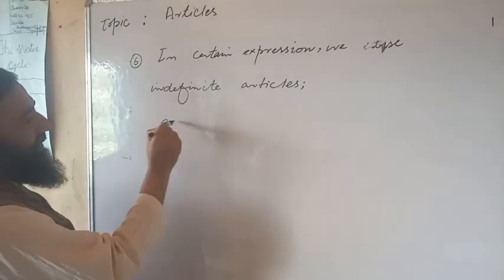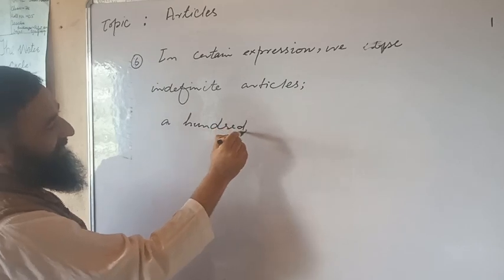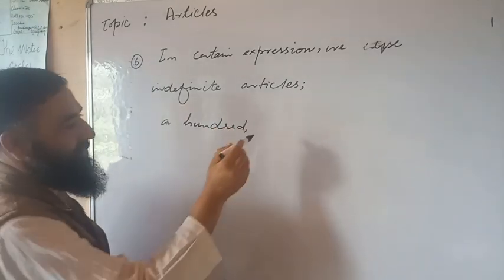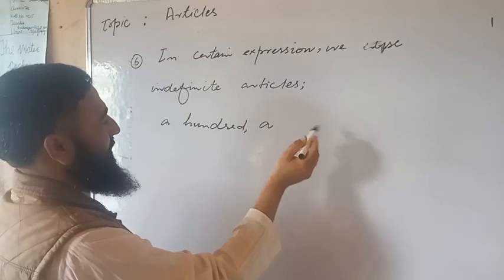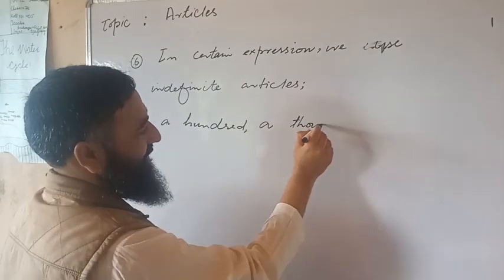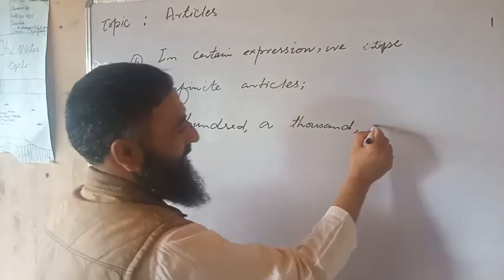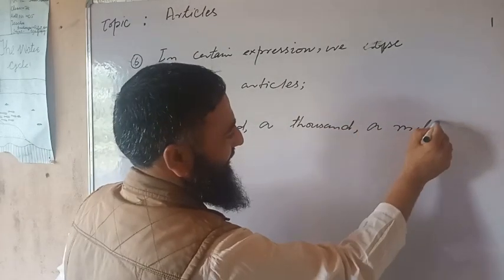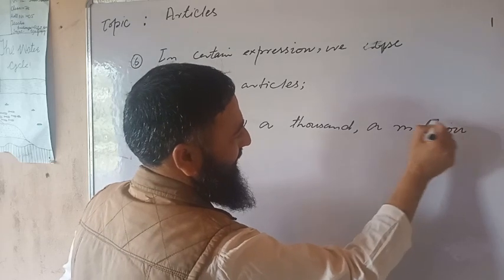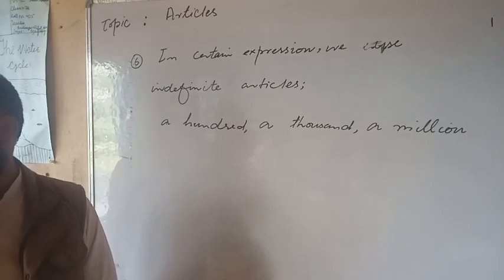For example, a hundred. You write a hundred, and in the same way you write a thousand, or a million, etc. But there is a condition.